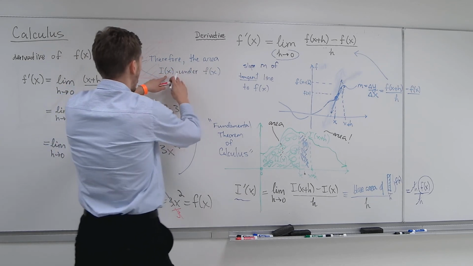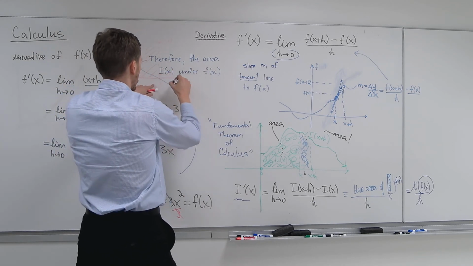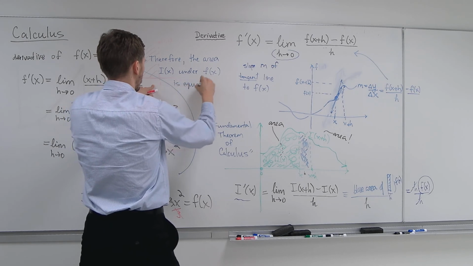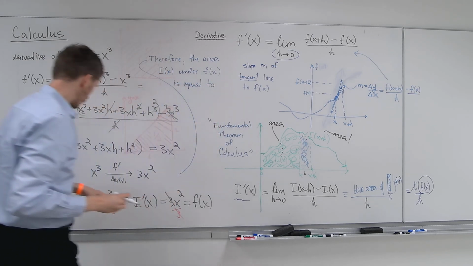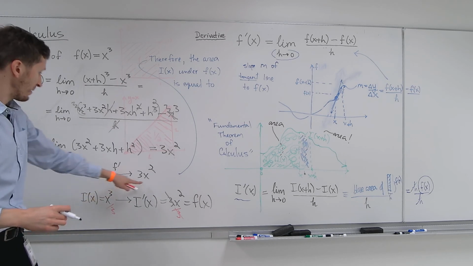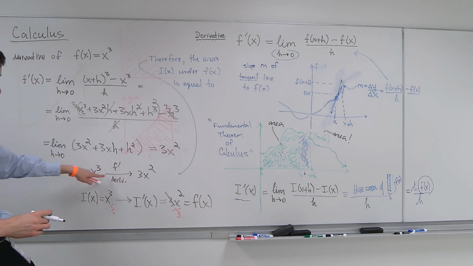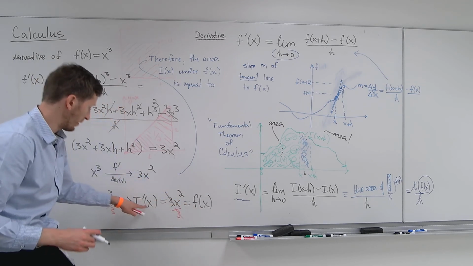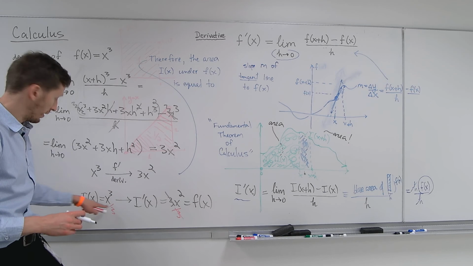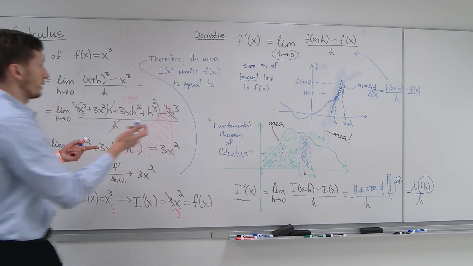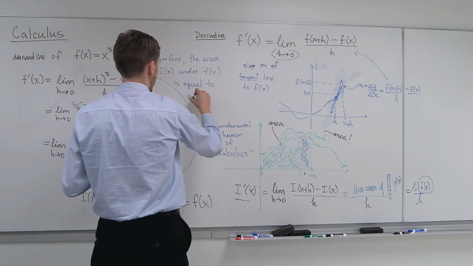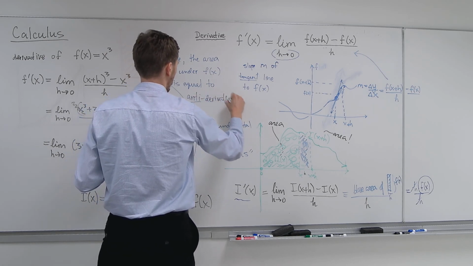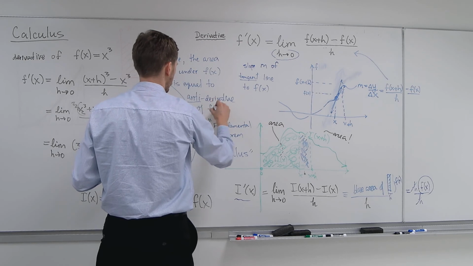So therefore, the area I of x under f of x is equal to, what is it? It's the antiderivative, right, of f of x. So if f of x is the derivative of the area, how do you get the area? Go back on the derivative. It's equal to the antiderivative of f of x. Okay?